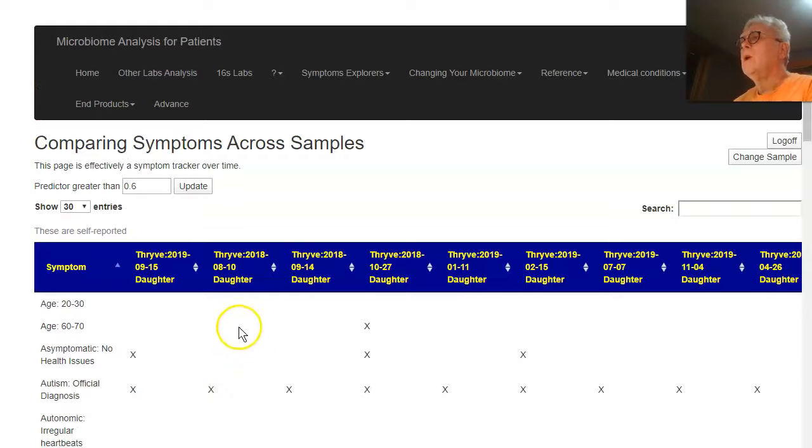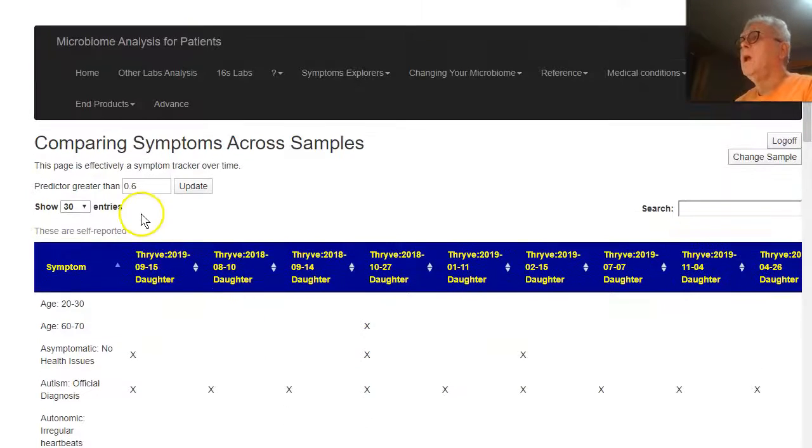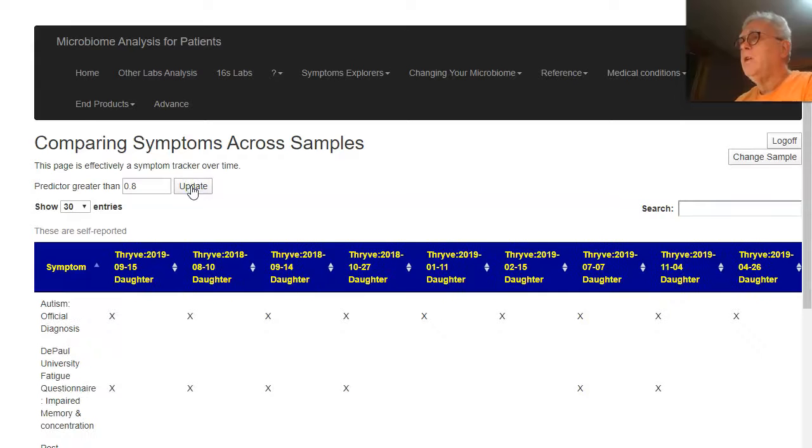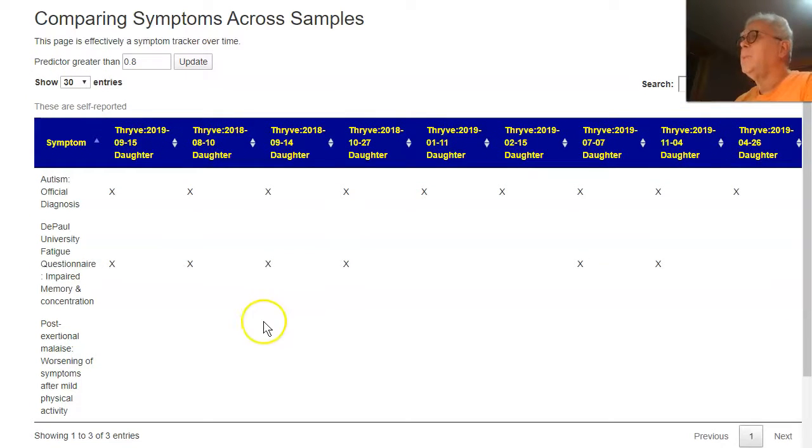Compare symptoms shows all the symptoms that are in common, and there's a threshold. When you look at probable symptoms, there's a magic number on the far right, and usually my suggestion is you want 0.6 or above. If you go to 0.8, so higher predictive value, you end up with less, in fact just 3 of them.